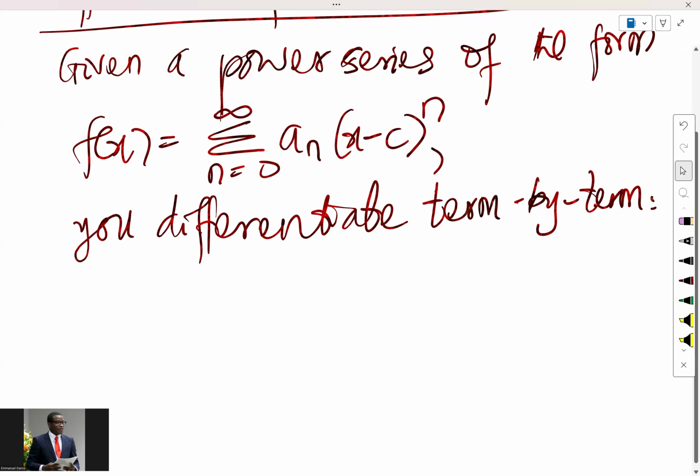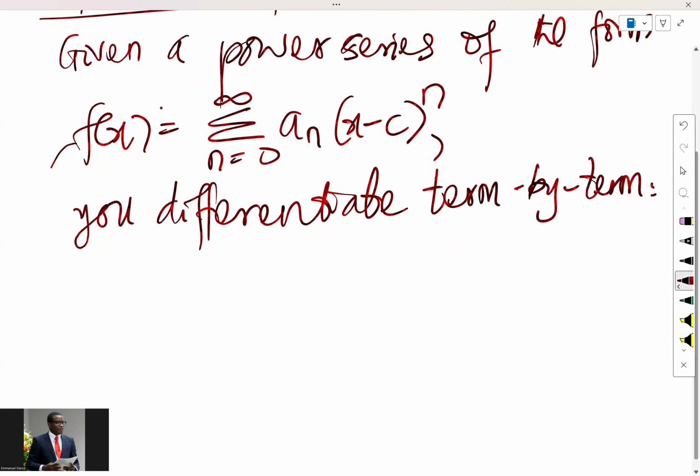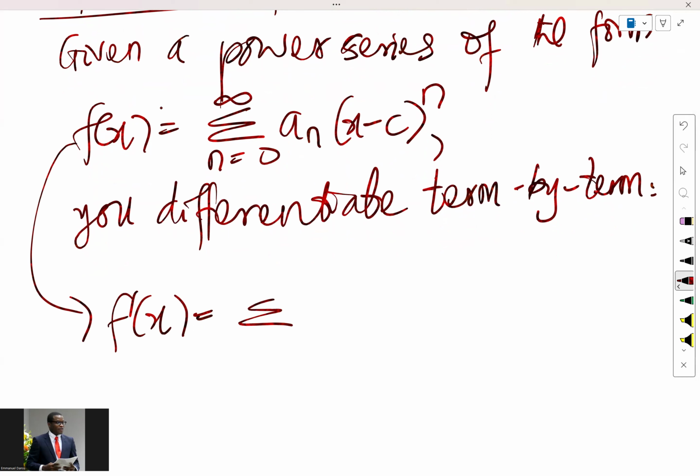What that simply means is this: if this is f of x, then f prime of x is something like this. It's a summation. Because most likely the first term is going to be a constant, when you differentiate, it shifts from n equals 0 to n equals 1, and then it goes up to infinity.